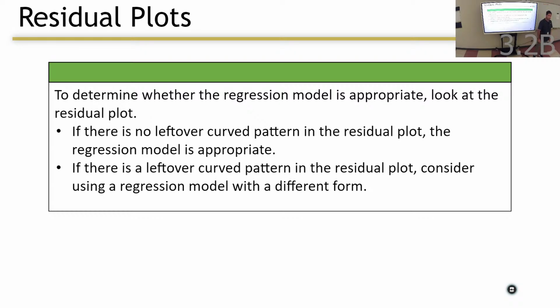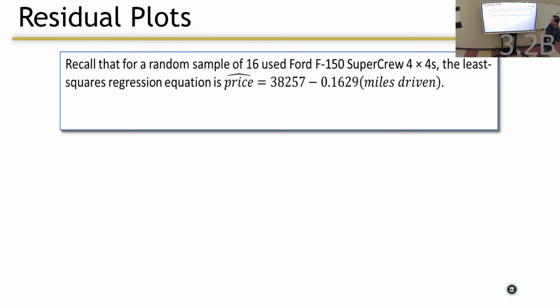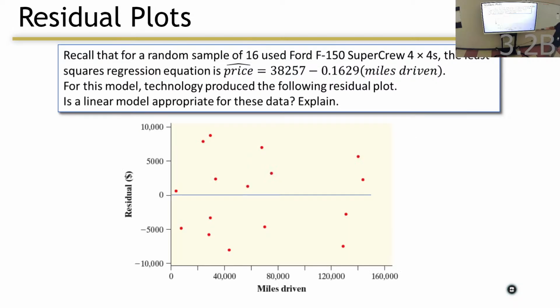Good? Question? Right now, all you need to know is, is it linear or not linear? Not really curved, but linear or not linear. Okay. Here's the residual plot. Is a linear model appropriate for that data?